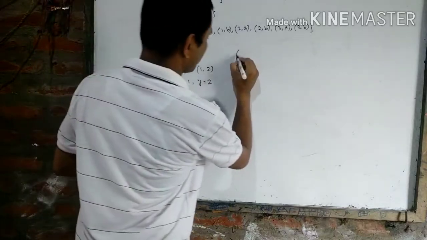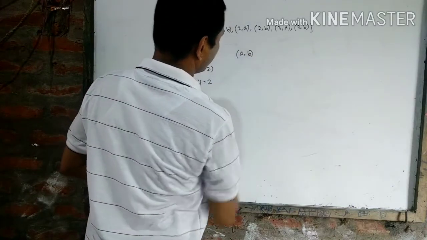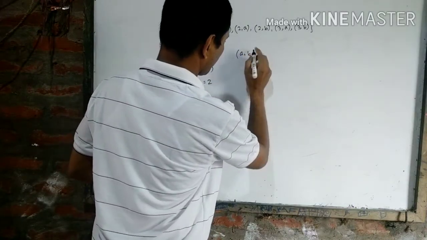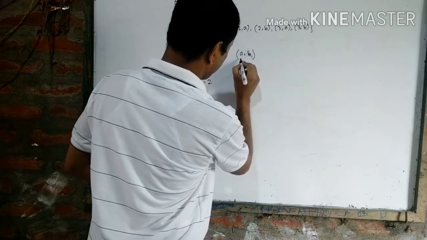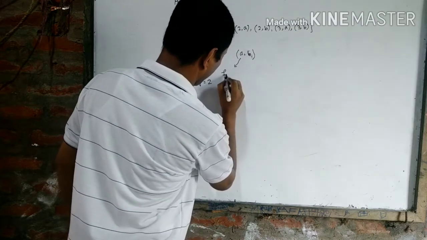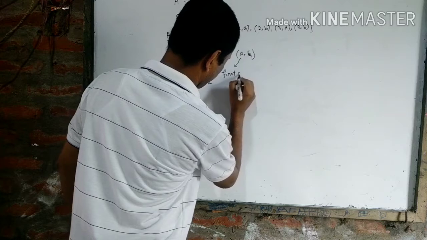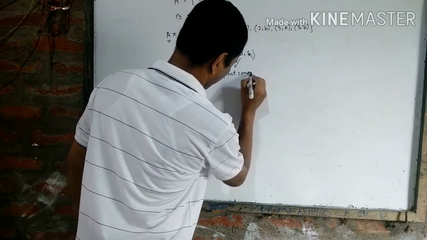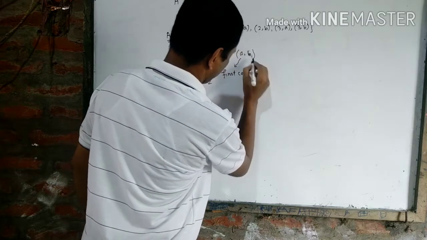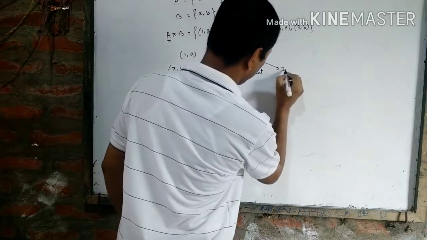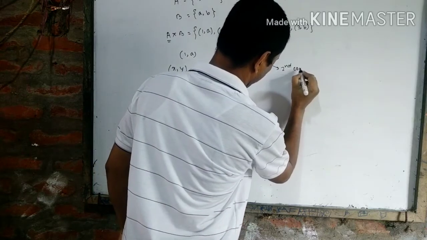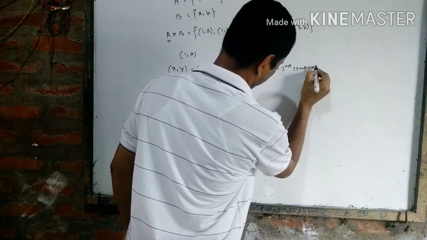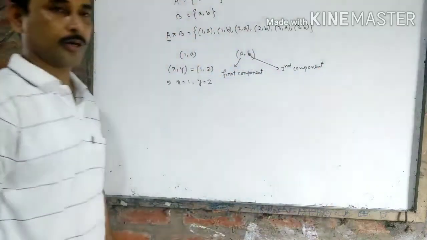Okay, whenever I say an ordered pair (a,b), then the first element of the ordered pair is called the first component, and the second element is called the second component.